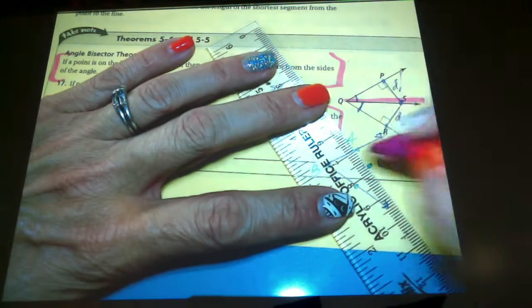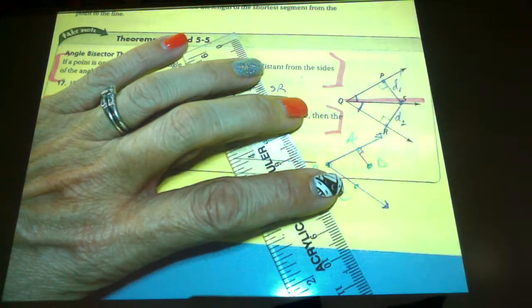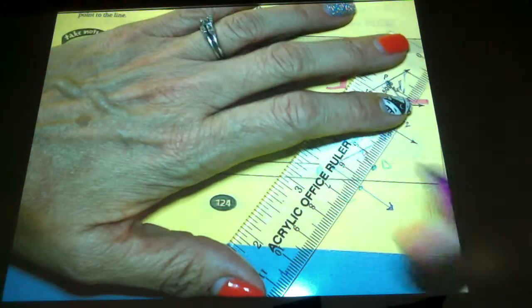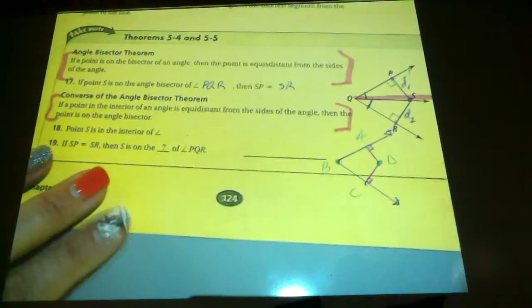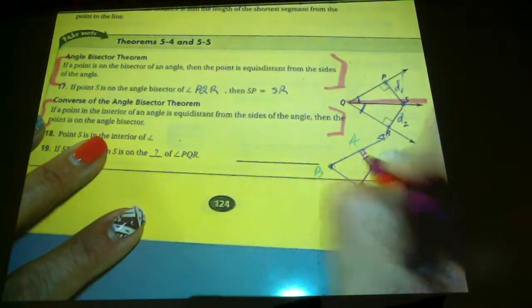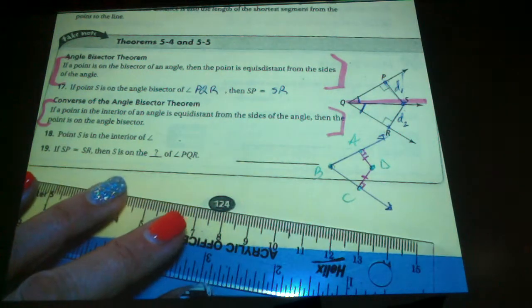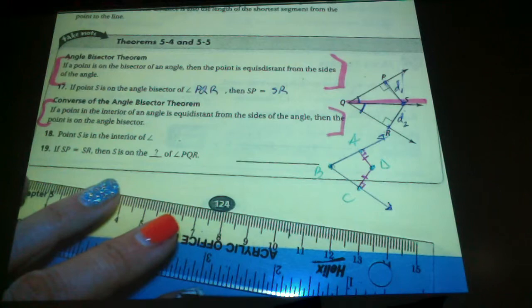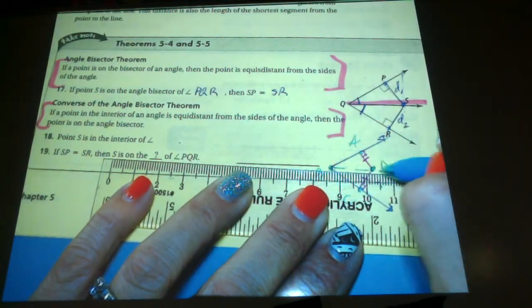If I could prove that this distance from A to D, and mind you, that distance would have to be perpendicular, and this distance from B to C, and that distance would have to be perpendicular. If I can prove that these distances are equal, then my conclusion is that D to B is an angle bisector.